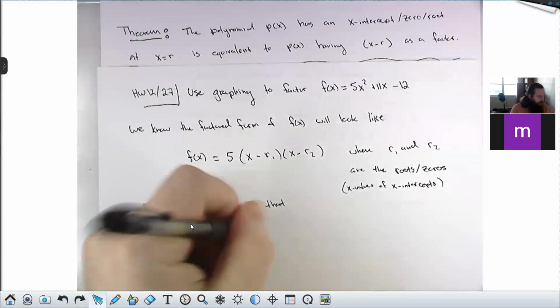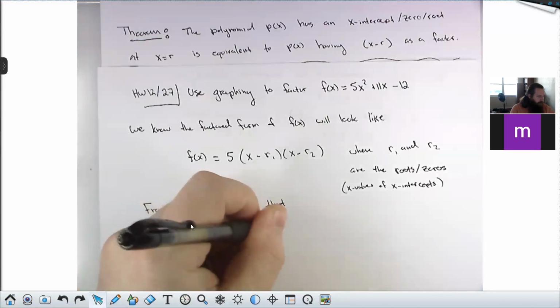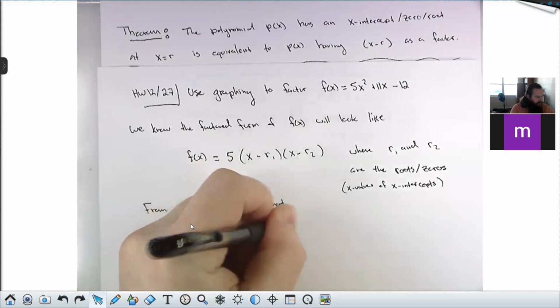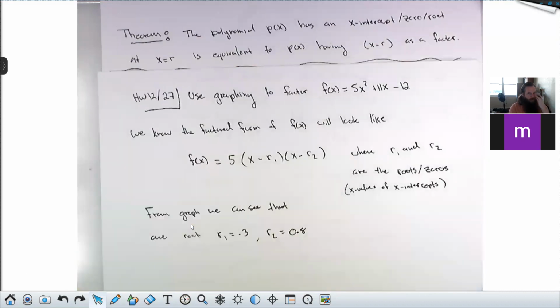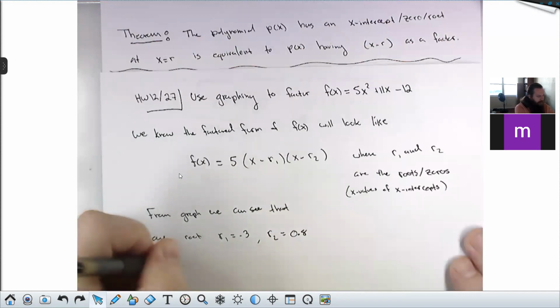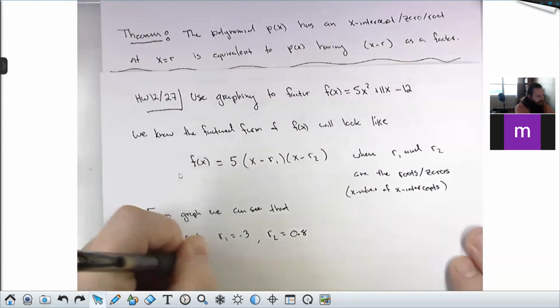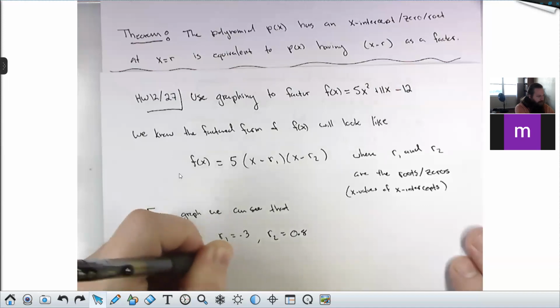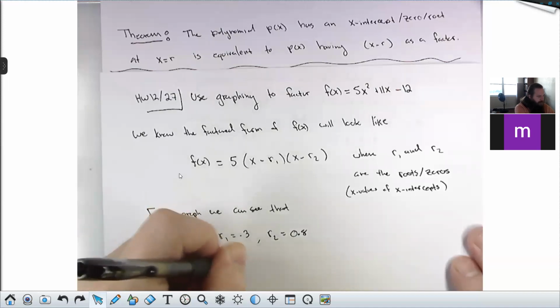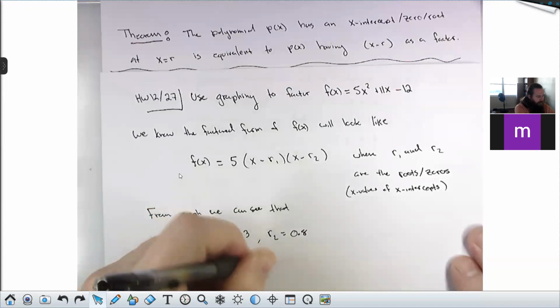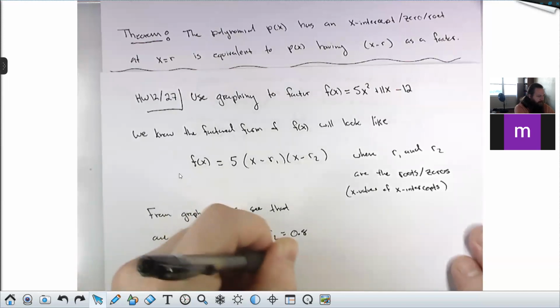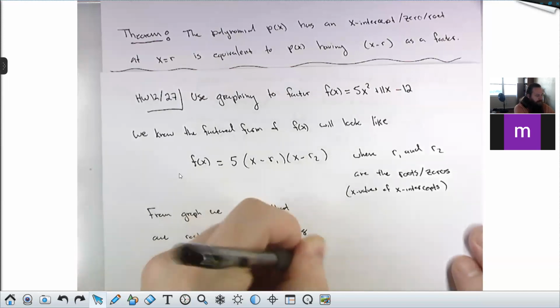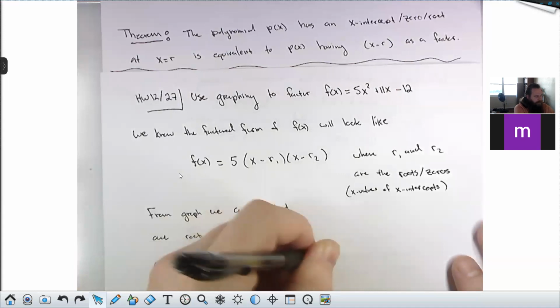So the other guy here, R2, is 0.8. We'll write it like that because that's how we found it. So therefore, our factored form would be 5 times x minus -3 times x minus 0.8.